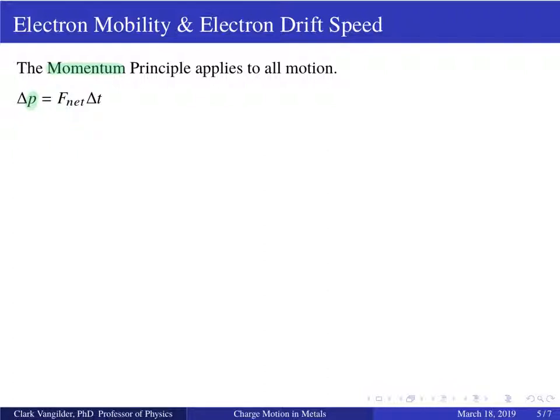This is the impulse momentum theorem, where the product of force and time gives us what we call impulse. So this would be like you running into something, the time of that collision times the force of the collision gives you the magnitude of that interaction in terms of the momentum.